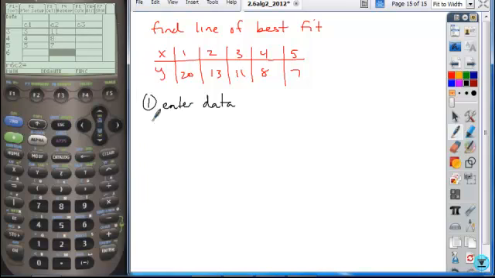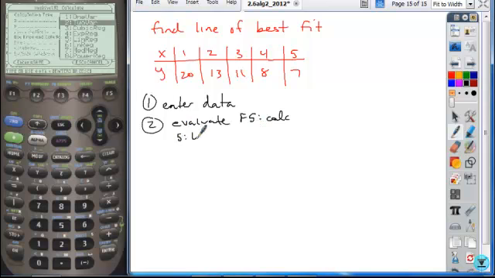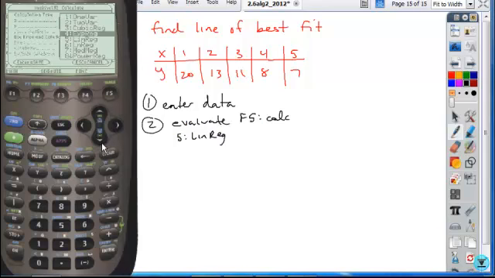So once we enter our data, what we're then going to do is evaluate it using our F5 calculate command. Make sure you use linear regression, LIN. Okay, again, not the natural log. We want the number 5.